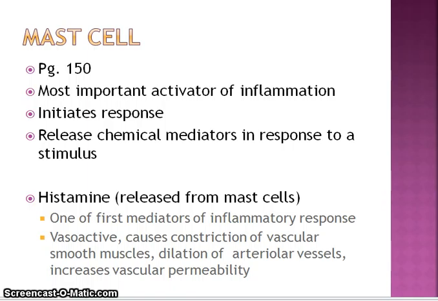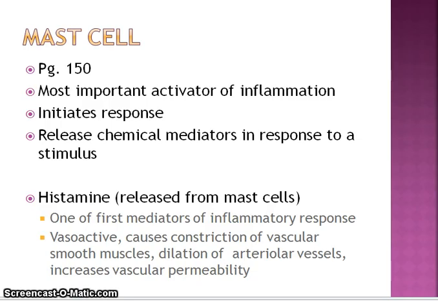They release chemical mediators or chemical signals, and the main one that they release is histamine. Right, once histamine is released, it's one of the first mediators in the inflammatory response. It acts on the blood vessels, so that means it's vasoactive. It causes constriction of the vascular smooth muscles, right? It causes dilation of the arterial vessels and increases the vascular permeability.